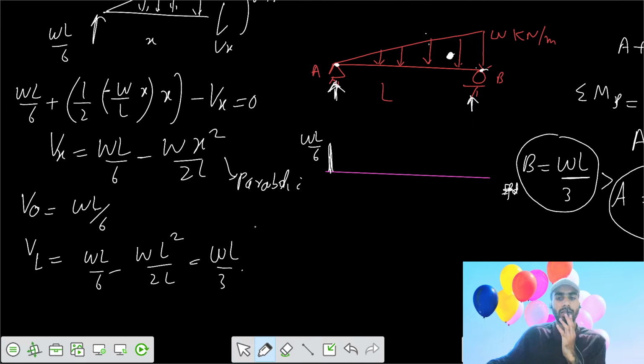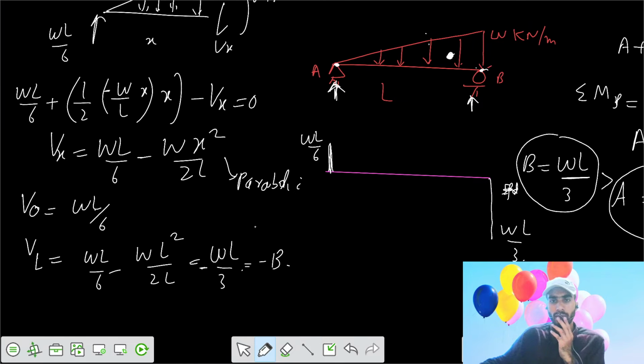But it is actually negative, that's minus WL by 3. So this is the reaction, minus WL by 3. This is also called the reaction B. So the shear force at the end point is minus WL by 3. WL by 3 is more than WL by 6.